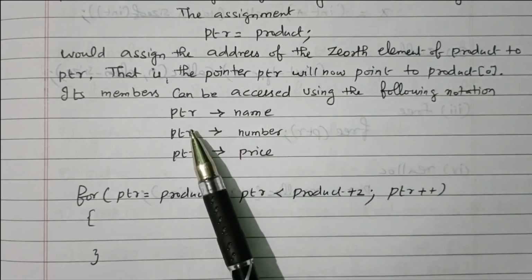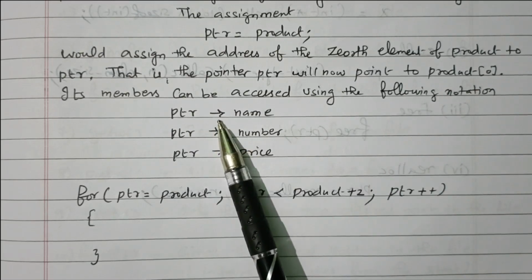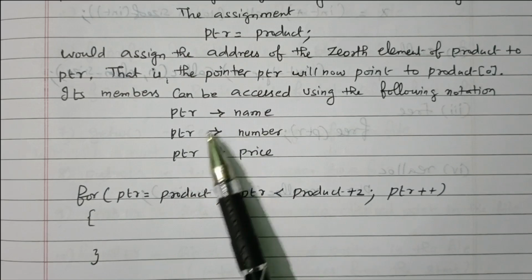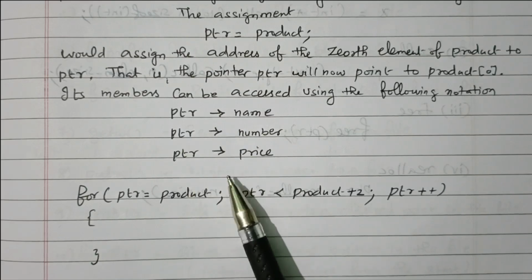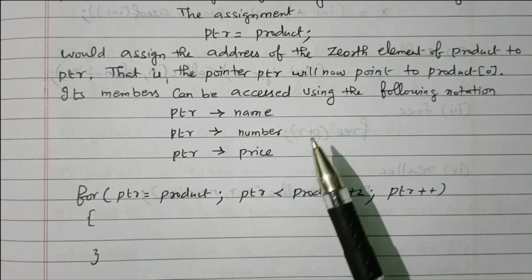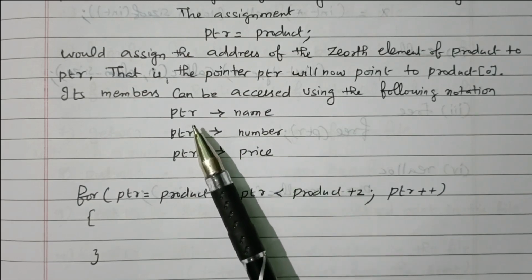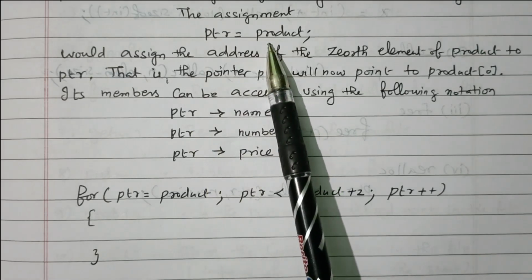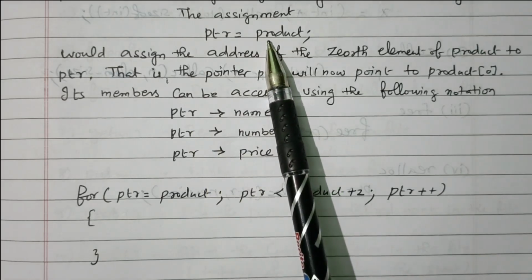So how can we refer to it? ptr->name, ptr->number, ptr->price, using the arrow mark. The next one means we'll go with product[1] next time, it may be ptr1, like that, right? So this product is nothing but a structure variable.